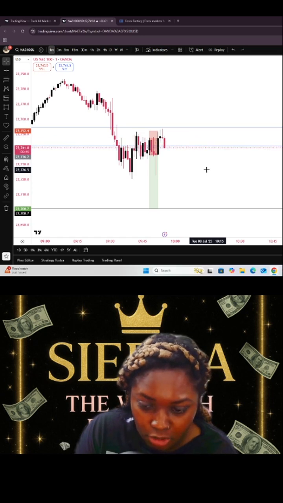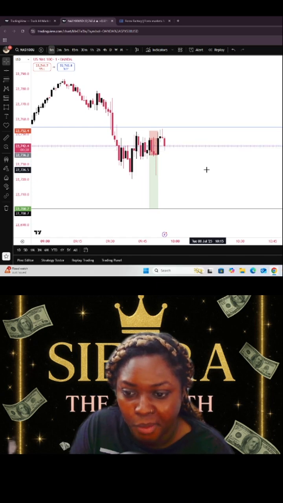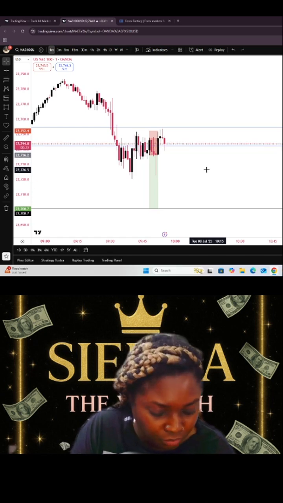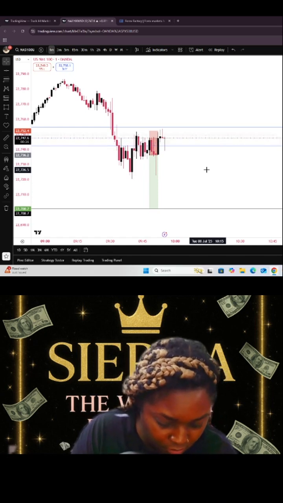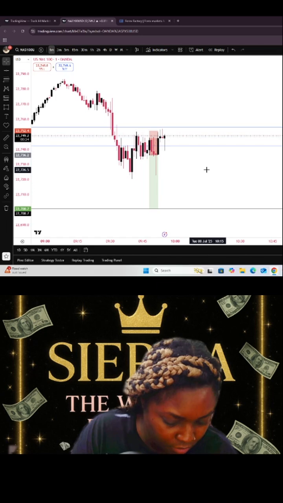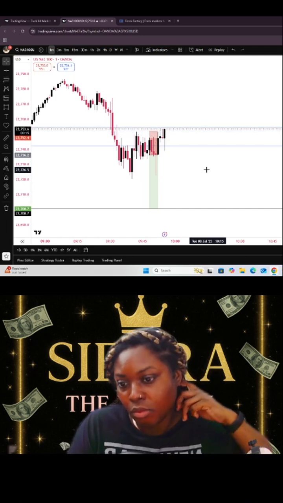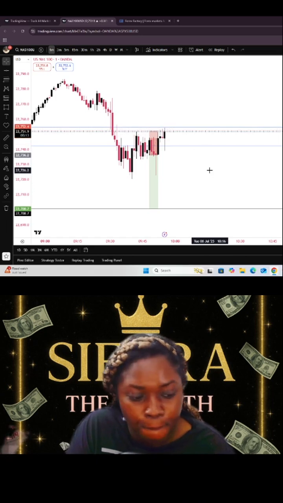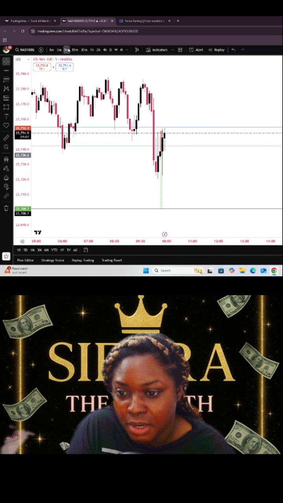It didn't even come back to the zone. Okay, here we come. We got 5 minutes left in this hourly candle.